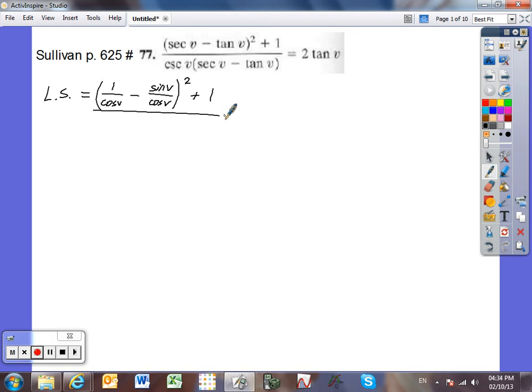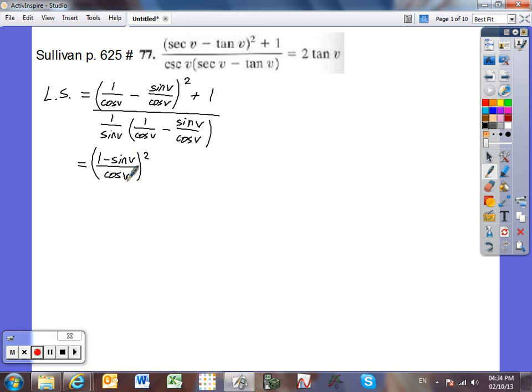And here I've got 1 over sine v multiplying by 1 over cosine v minus sine over cosine v. Again, I can see a common denominator of cosine, which might prove to be useful. So if I use this common denominator idea, then I've got 1 minus sine v all over cosine v, which is being squared.